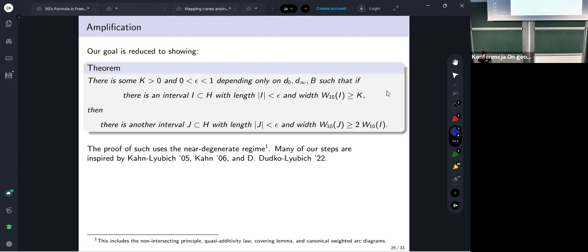All right, so the proof of this requires the near degenerate regime package. So many of our steps are inspired by the following three papers. This one is by Jeremy Kahn and Michal Lubitsch at 2005 on quasi-additivity law and covering lemma in conformal geometry. And then also by the work of Jeremy Kahn in proving a priori bounds for infinitely renormalizable quadratic polynomials of bounded primitive combinatorics. And then there's also a recent work by Będlewo and Michal Lubitsch on proving uniform a priori bounds for pseudo-Siegel disks for quadratic polynomials.